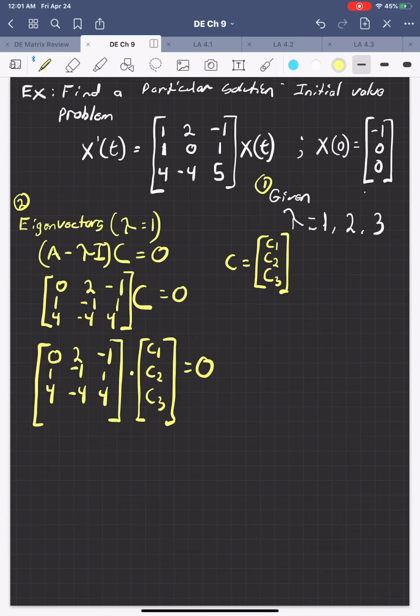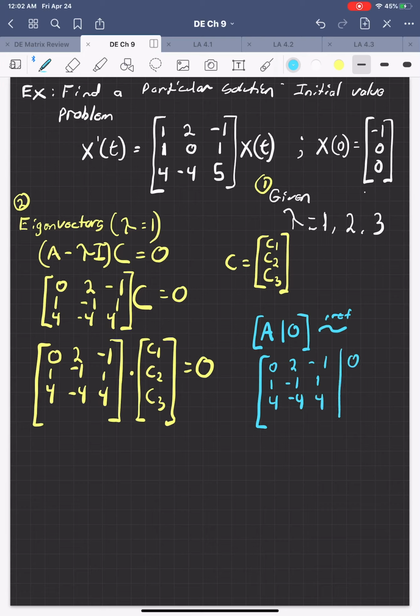What you're going to do in this case is take matrix A, set it equal to 0 as an augmented matrix, and then RREF.